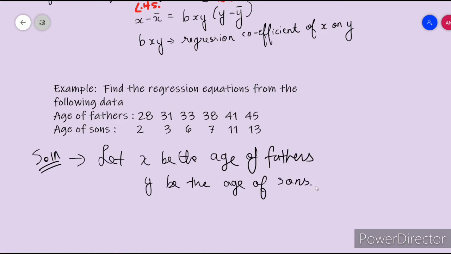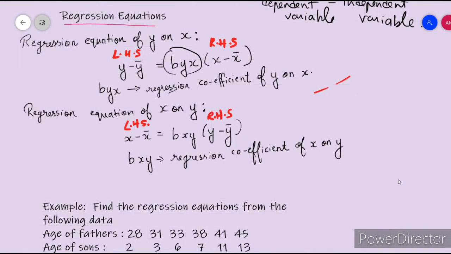So in the previous example, because we have to find regression equations, we are interested in this and we are interested in this. So what we need to do first is find the regression coefficient of y on x and the regression coefficient of x on y.